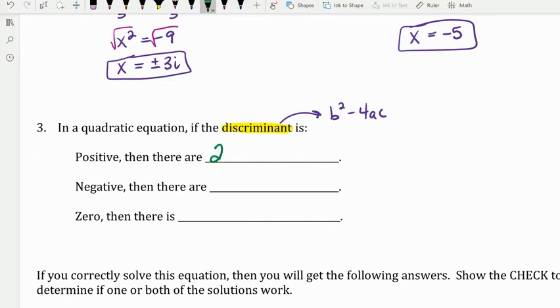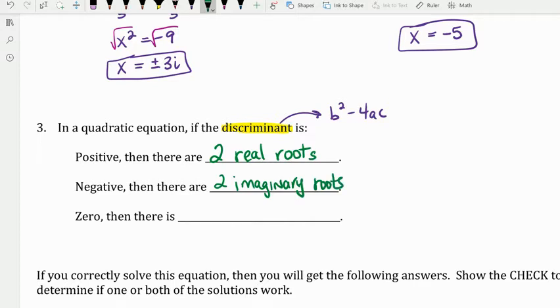So there are going to be 2 real roots because I'm taking the square root of a positive number. If there's a negative discriminant, or a negative inside that radical, then there are going to be 2 imaginary roots because now I'm taking the square root of a negative number.